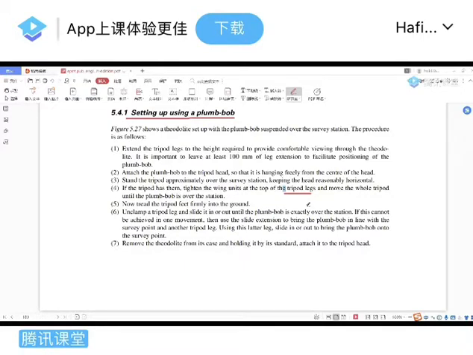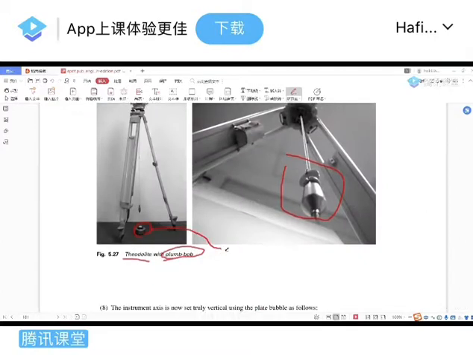Normally there are 3 legs, right? Unclamp the tripod. This is normally clamped, so unclamp the tripod legs, and extend them out until about the station.